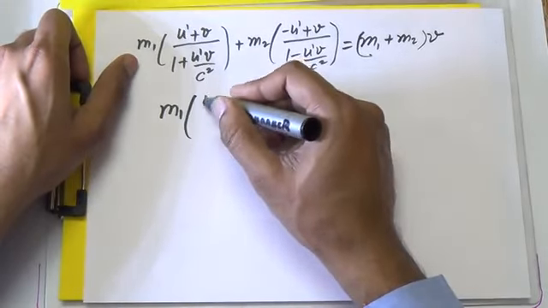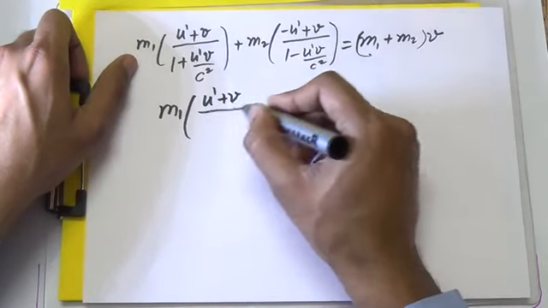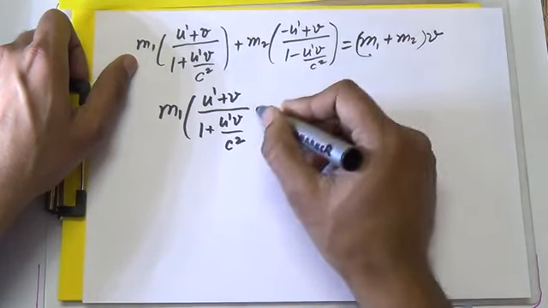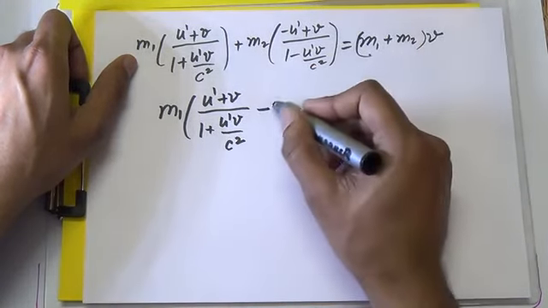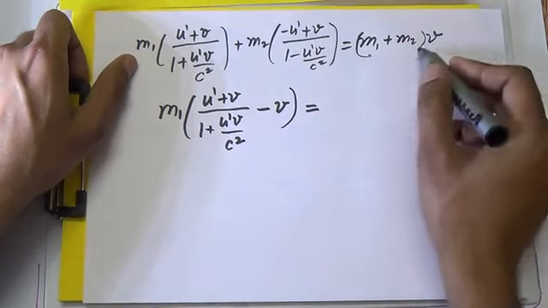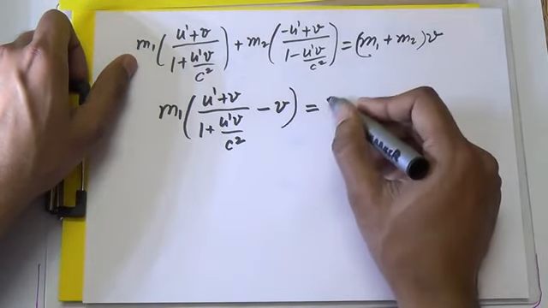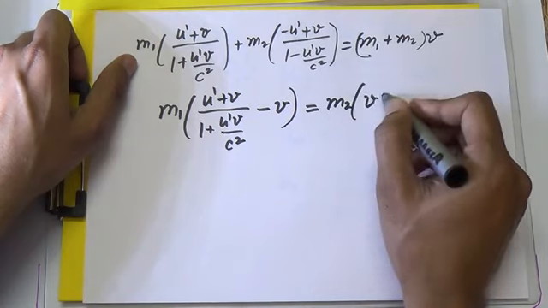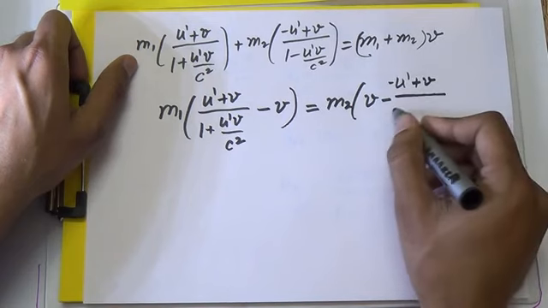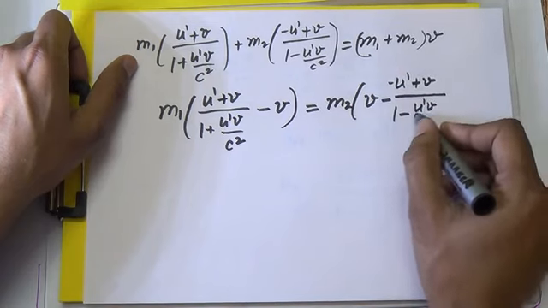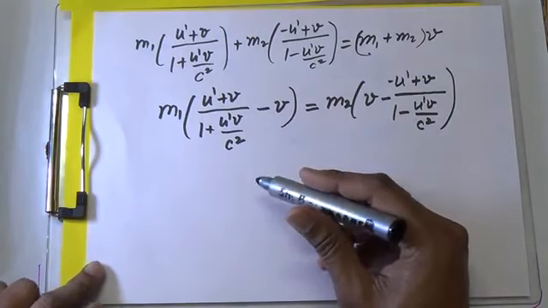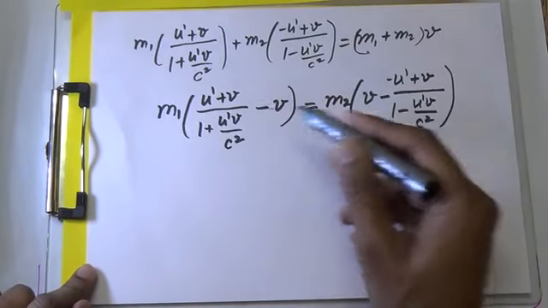So m1 into u prime plus v upon 1 plus u prime v upon c square minus this m1 v minus v is equal to, now this m2 and this factor into the right hand side, this is m2 v, so m2 common, v minus minus u prime plus v upon 1 minus u prime v upon c square. So now we have to simplify this equation for the ratio of m1 and m2.